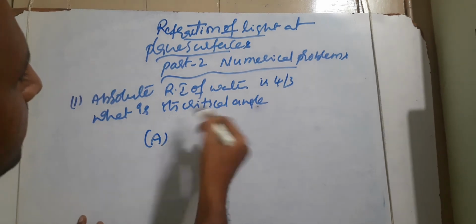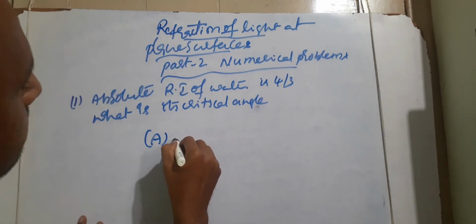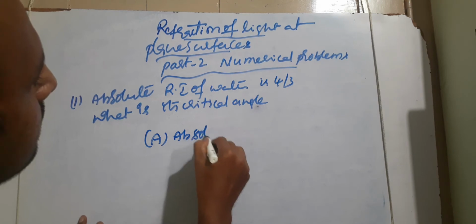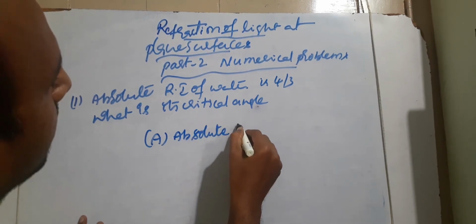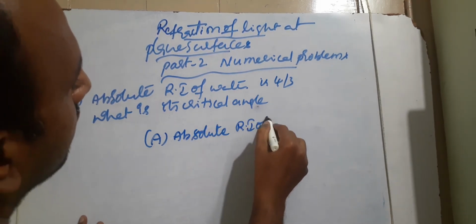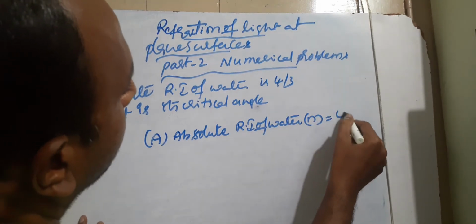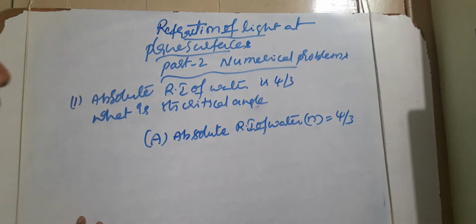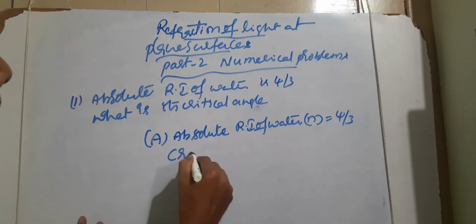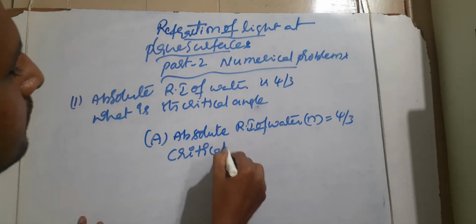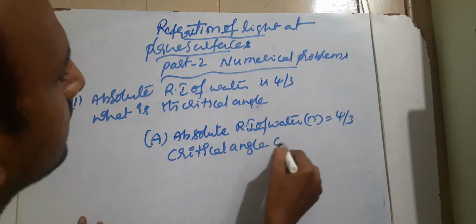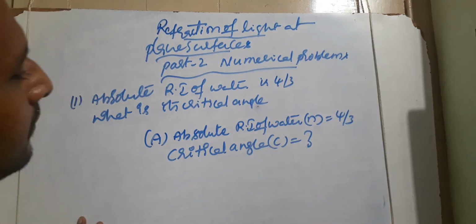Absolute refractive index, or simply refractive index, of water is given. n is 4 by 3, and we want to find the critical angle C for this medium, water.